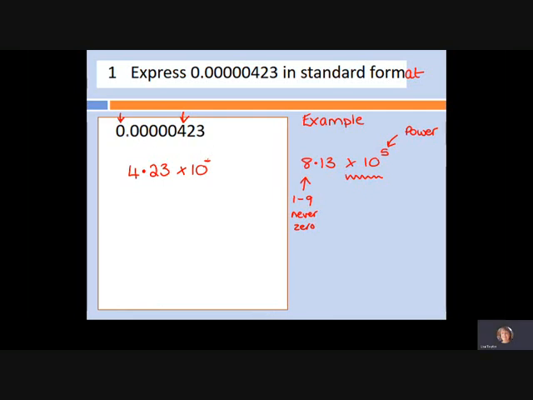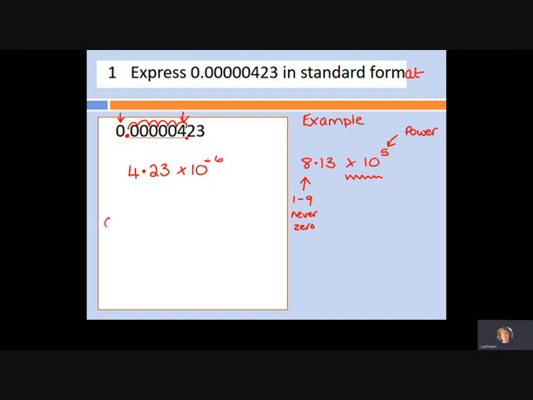Now, we need to decide now on what number goes next to that negative symbol. And we do that by deciding how many places that decimal point has moved to get to here. Okay, it's gone once, twice, 3, 4, 5, 6 times.